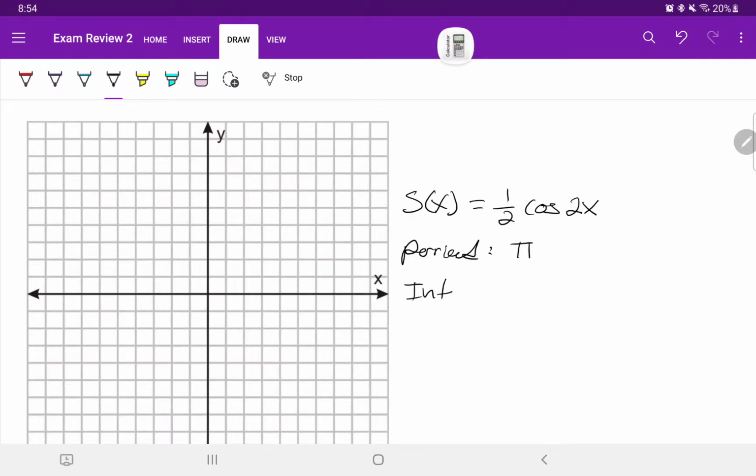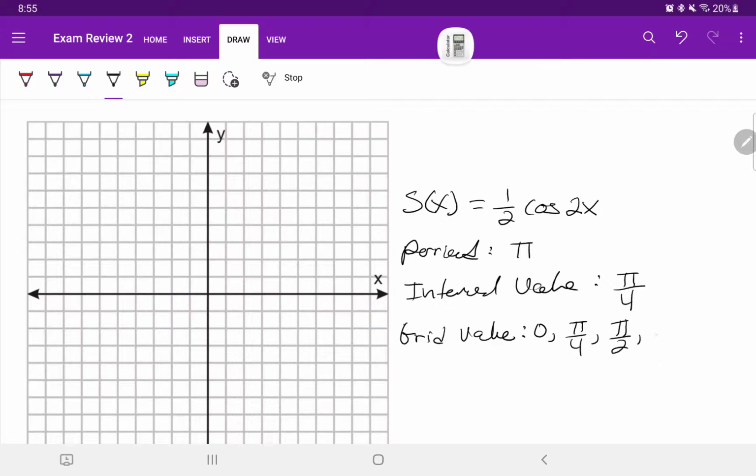The interval value, pi over 4. My grid values, remember I have 5. 0, pi over 4, pi over 2, 3 pi over 4, and 1 pi, because that's the period.